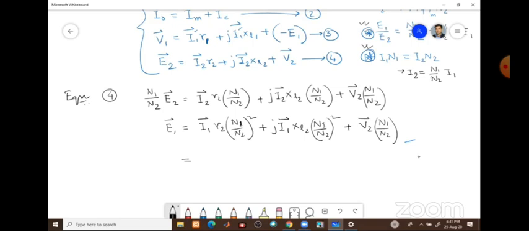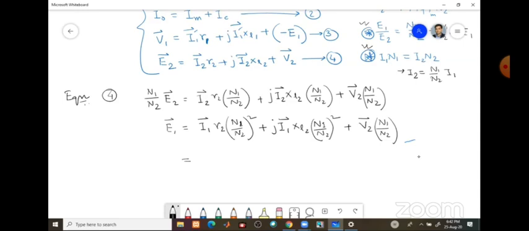So that means these are not only a value. I1 is not just a value, they have some angle. It is a magnitude with an angle. So they are all basically phasors, but we call them vectors also.